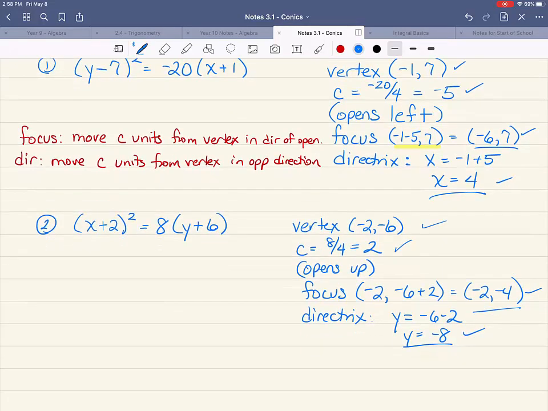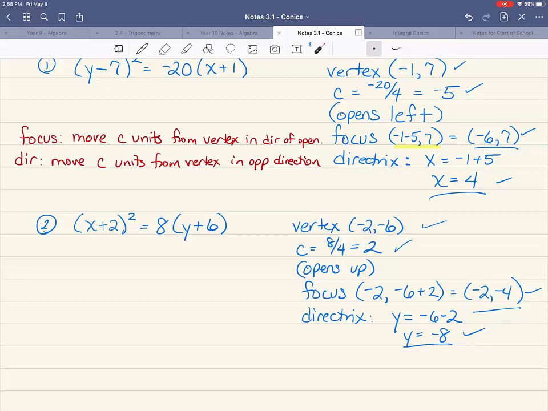Okay, here are our answers. The vertex is (-2, -6) from these 2 brackets right here. C is equal to 8 divided by 4. You always divide by 4, so your C value is 2. This one is opening upwards. The focus, because it's opening upwards, we are going to move from the vertex 2 units up.